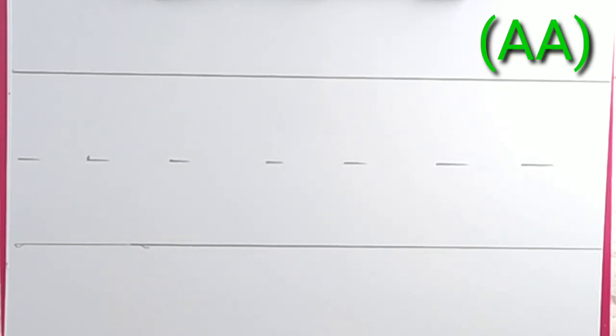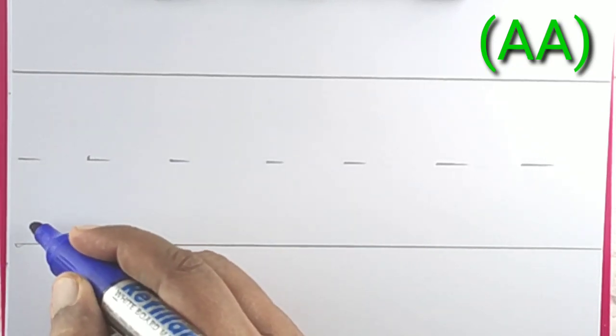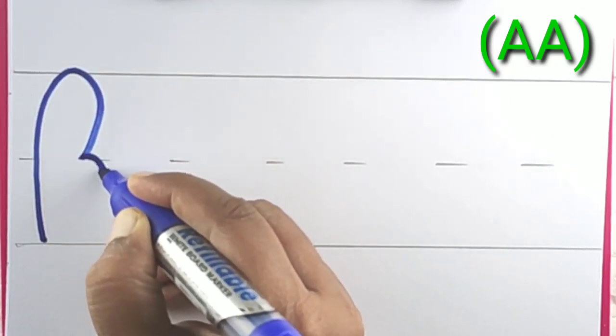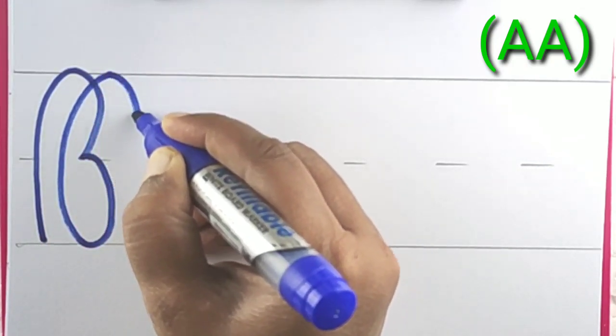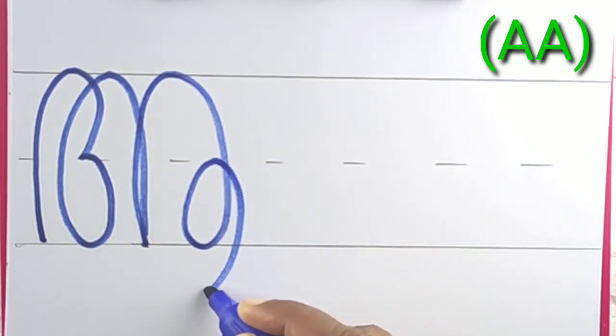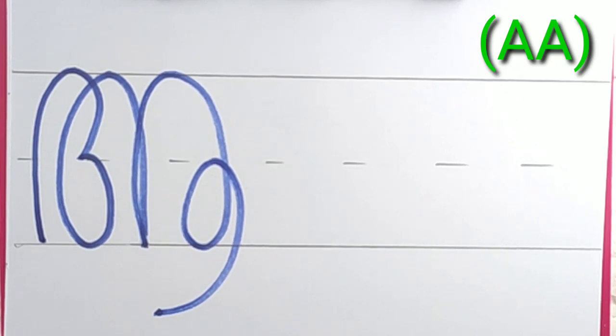The next vowel sound is A. Let's see how to write A. So we'll learn the vowel A. Let's see how the A sound is used for the consonant Ka.